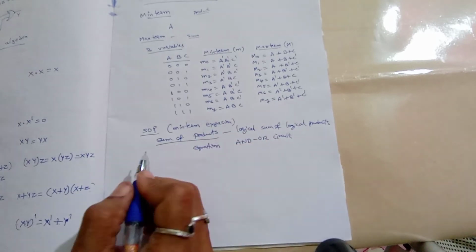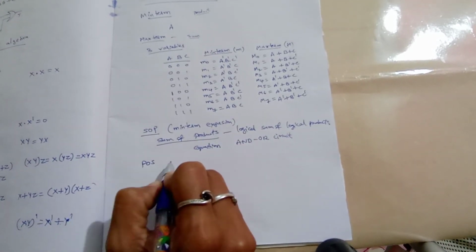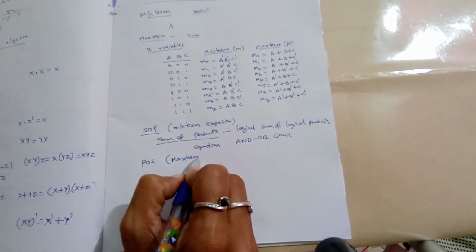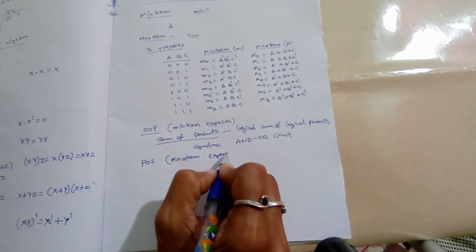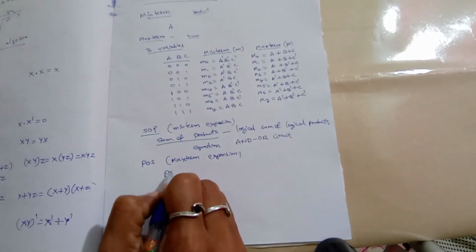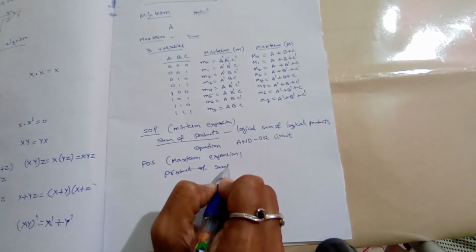AND-OR circuit. Same, coming to POS, this is maxterm expansion, or this is said to be product of sums. Okay.